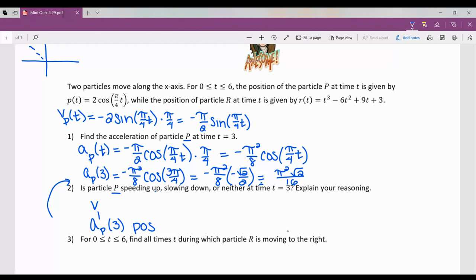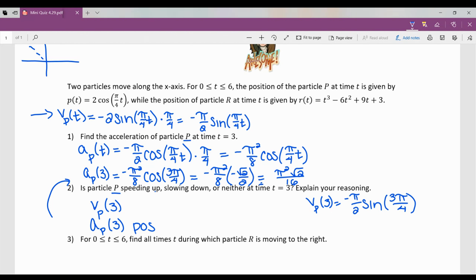My velocity at 3, well, I have to figure out what my velocity would be at 3. So I'm going to use the velocity equation. So v of 3 is going to equal, and I found that right there. So it's going to be negative pi over 2 sine of, plugging in 3 pi over 4.